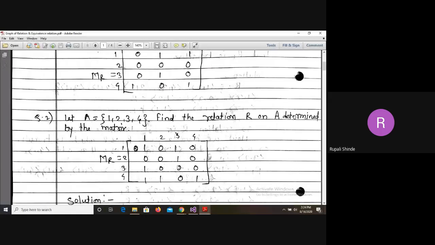Okay. So here in this second question, they have just changed the style of the question. Let A equal {1, 2, 3, 4} and find the relation R on A determined by the matrix. So here they have given you the matrix and from that matrix you have to define the relation.